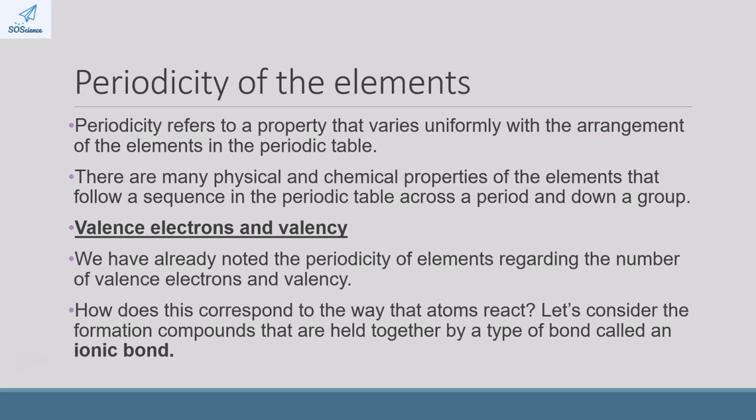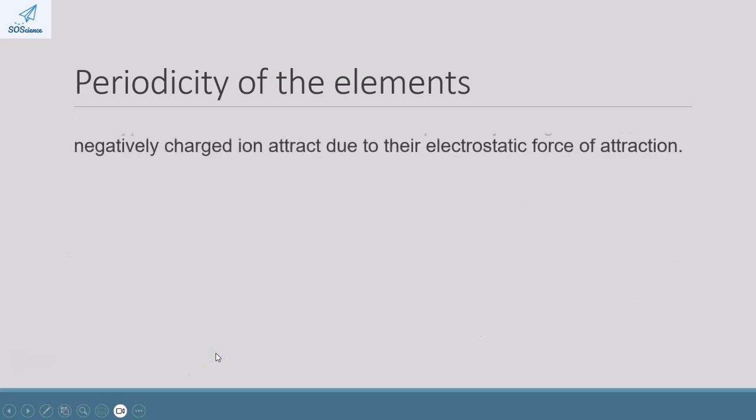And right now we're only going to consider the formation of compounds that are held together by ionic bonds. For ionic bonds, we are interested in valency. In the next section on chemical bonding, we are going to do ionic bonds again based on valency, and we're also going to do covalent bonds, also known as molecular bonds, based on valence electrons. But right now we're looking at ionic bonds.